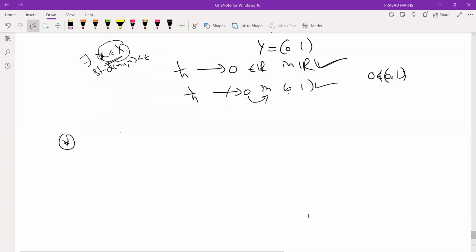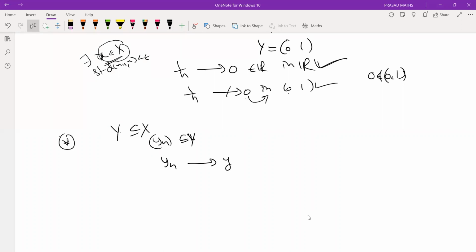Therefore, suppose Y is a subset of a metric space, and y_n is my sequence in Y. So y_n converges to y in Y means y_n converges to y in X, whenever y belongs to X. Here, y is in the set.